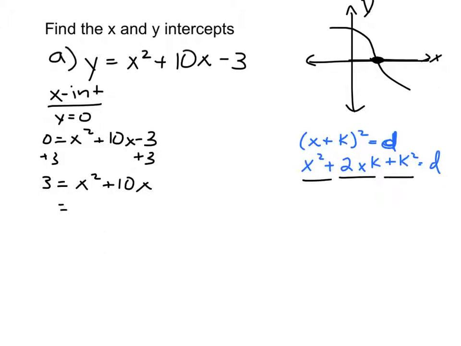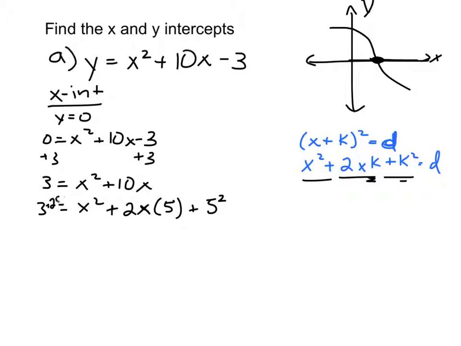So I'm going to rewrite this as x squared plus 2 times x times 5, since 10x needs to be 2 times 5 times x. So 5 is clearly what k is, and then this will be plus 5 squared. Now, if I added 5 squared to one side of the equation, which did not used to be there, then I must also add it to the other side.